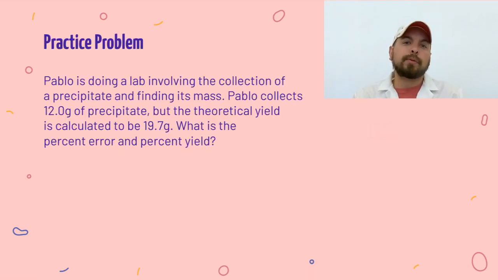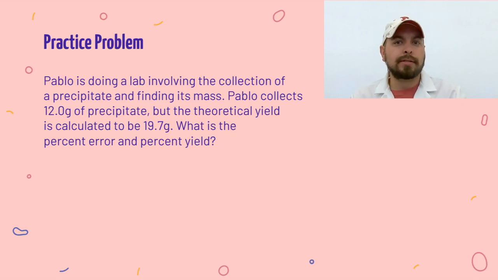Now that we've done a real world example, let's go to chemistry. Pablo here did a chemical experiment. In this chemical experiment, he was collecting a solid mass of this chemical precipitate that was forming. When he did this experiment, he expected to obtain 19.7 grams of the product, but he only got 12.0 grams of the product.